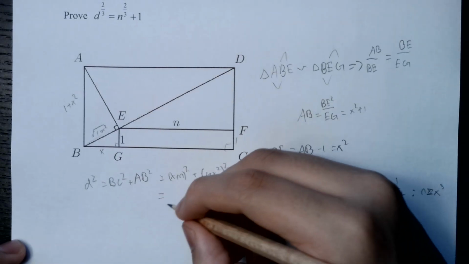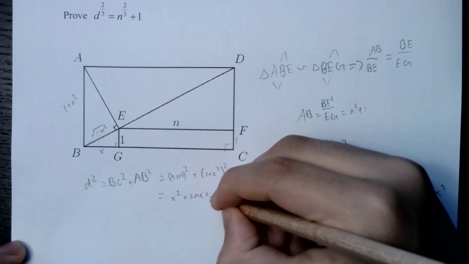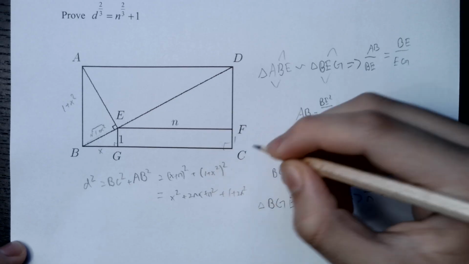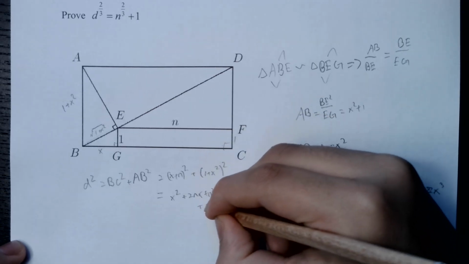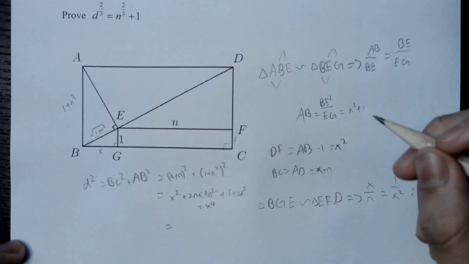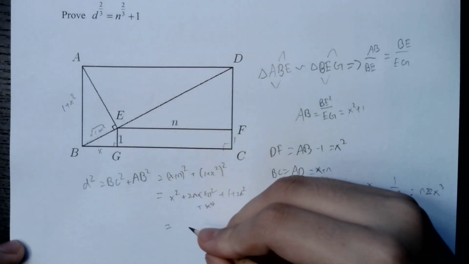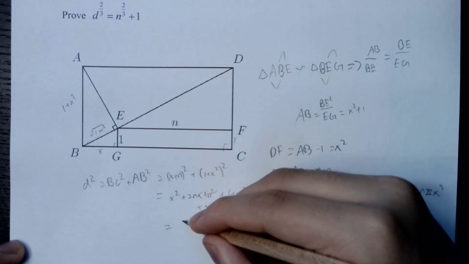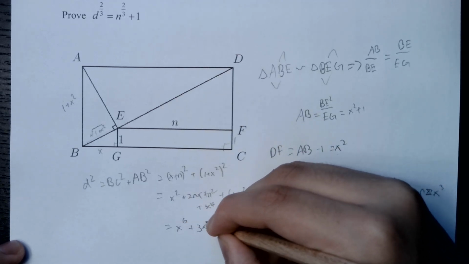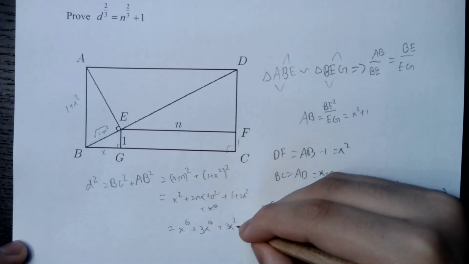So now we're going to expand this into x squared plus 2nx plus n squared plus 1 plus 2x squared plus x to the power 4. Plugging in the fact that n is equal to x to the power 3, this equals x to the power 6 plus 3x to the power 4 plus 3x squared plus 1.